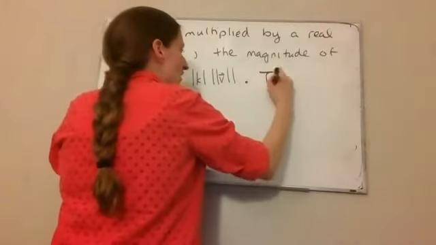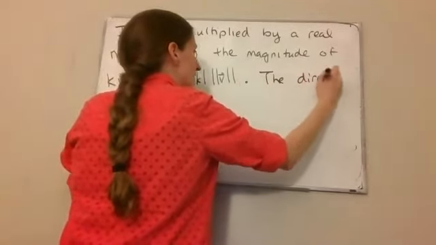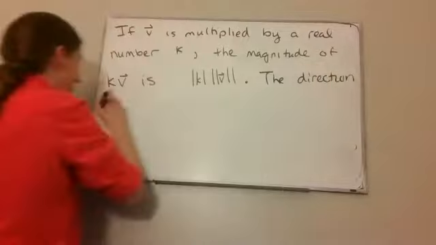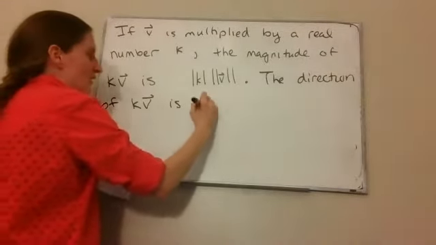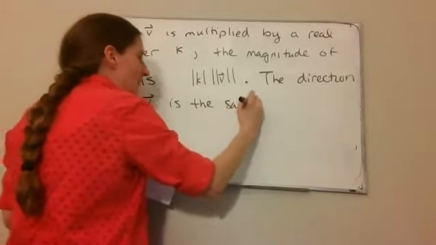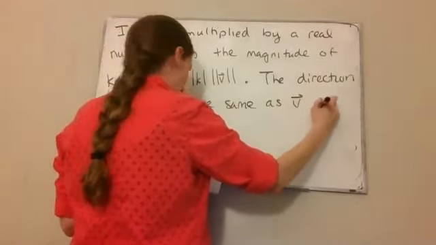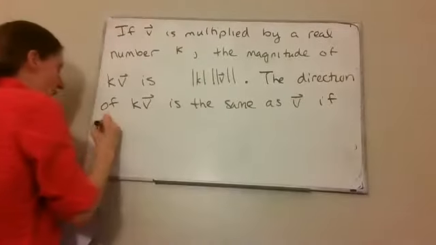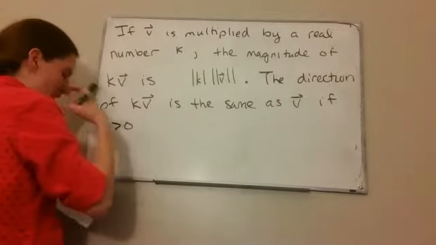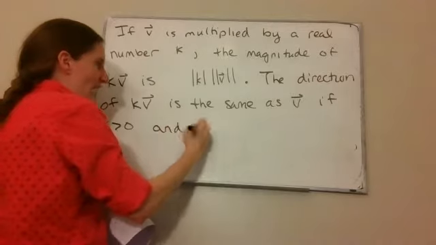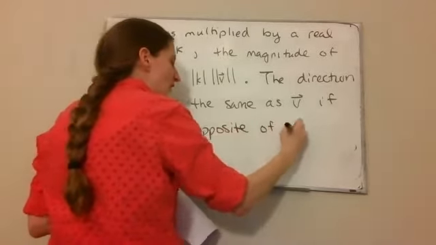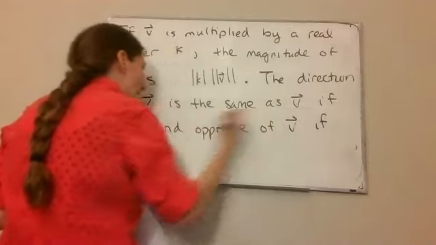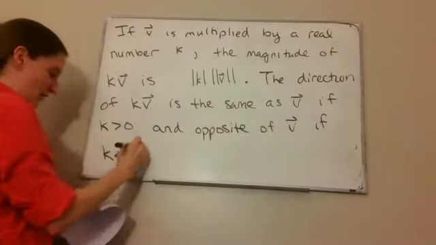The direction of kv is the same as the direction of v if k is positive, and opposite of the direction of v if k is negative.